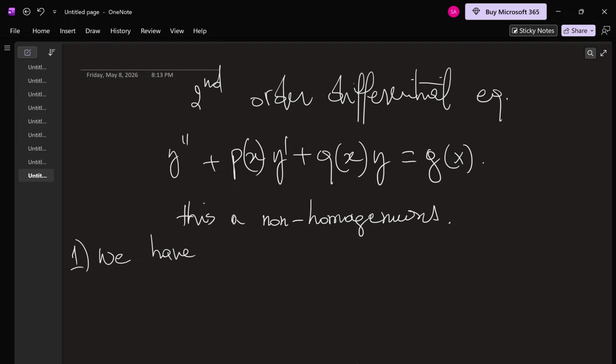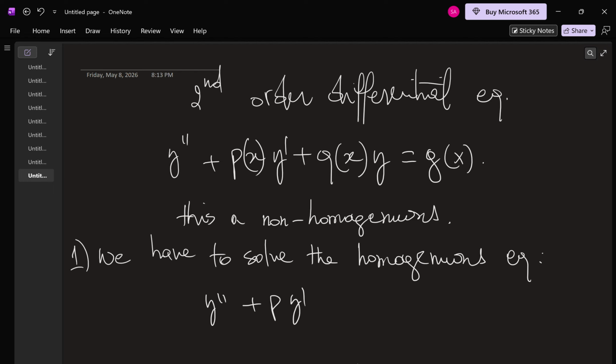We have to solve the homogeneous equation, that is y double prime plus p y prime plus q y is equal to 0.